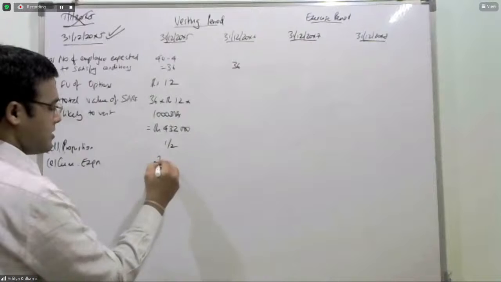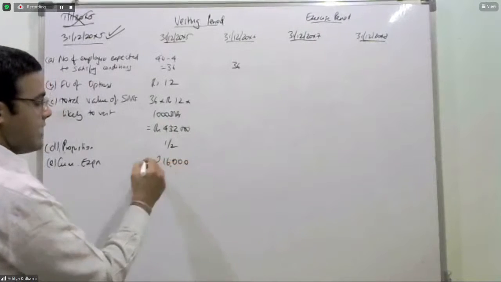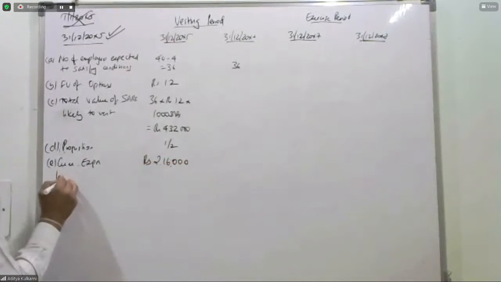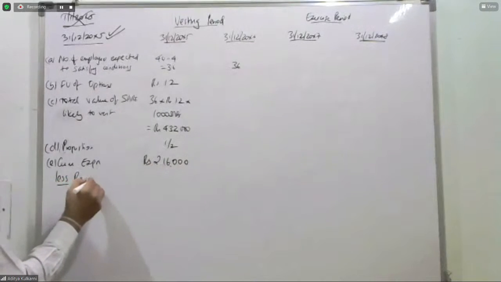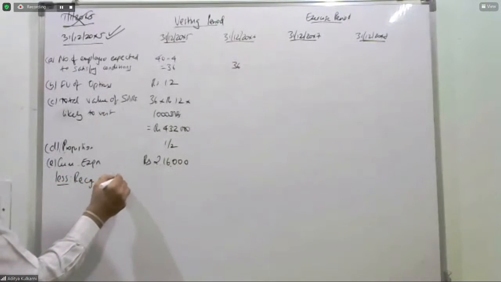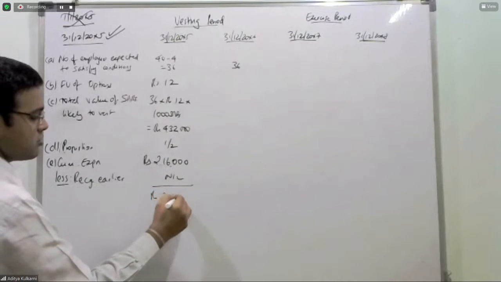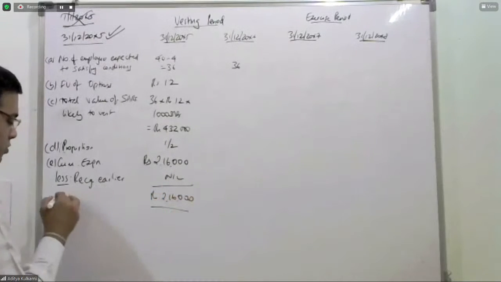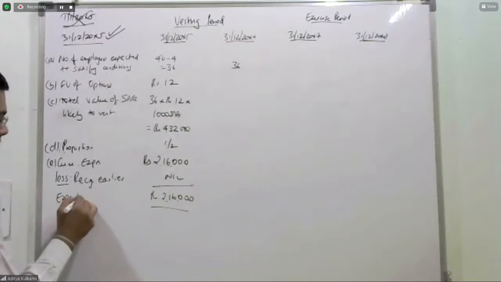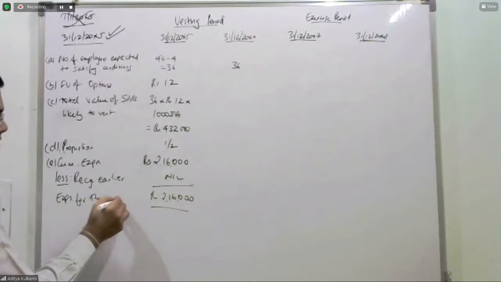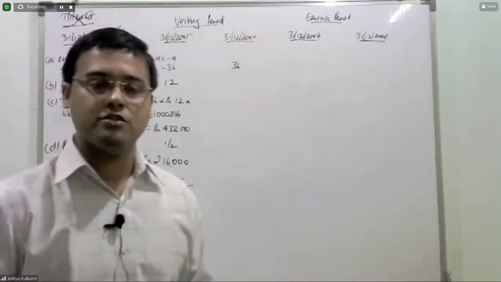So first year's expense will be 2,16,000 less recognized earlier. Now this is the first year, I have not recognized anything. So 2,16,000 will be expenses for the year.